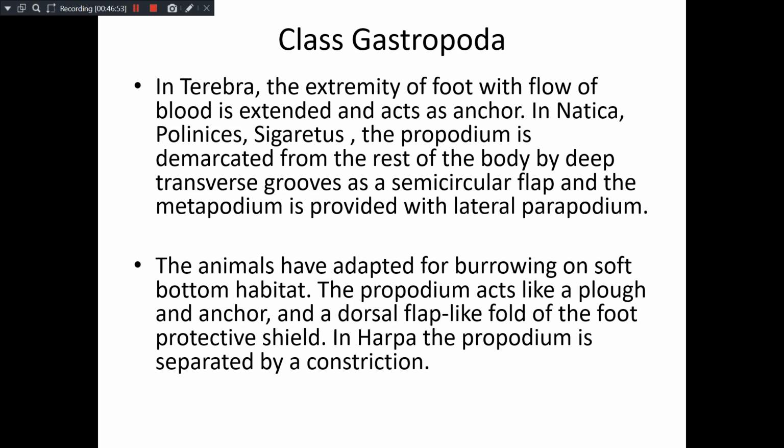These animals are adapted for burrowing on a soft bottom habitat, sand or mud. The parapodium functions as a plow, plows the land and also anchors, whereas the dorsal flap-like fold on the foot functions as a protective shield.